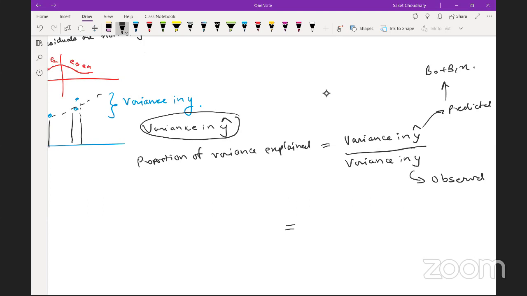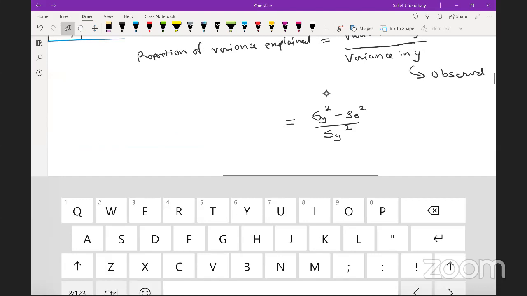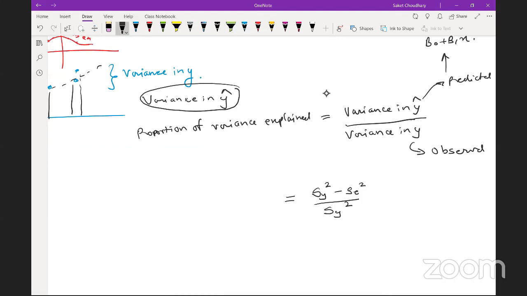This can also be written in this form: sy square minus se square divided by sy square. Okay. The reason for the origination of this formula is intuitive. So I'm observing a certain amount of variance in my y values, which are again the observed values. But the model is also making a certain amount of error.